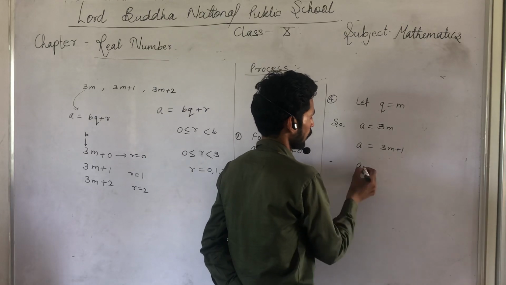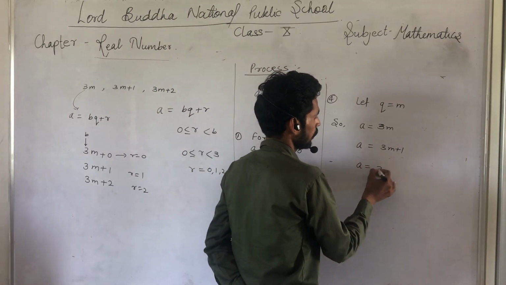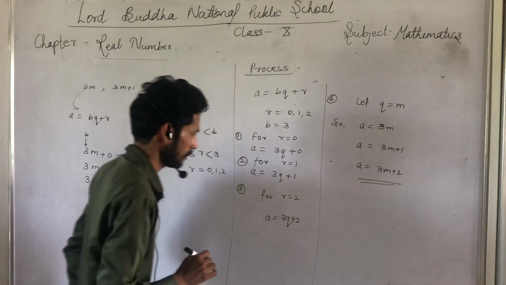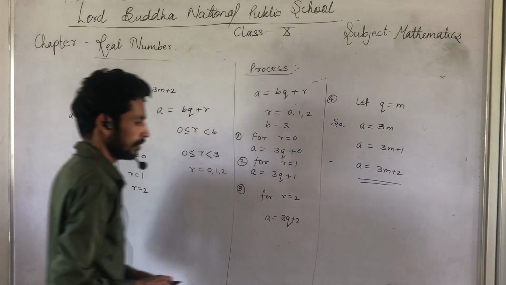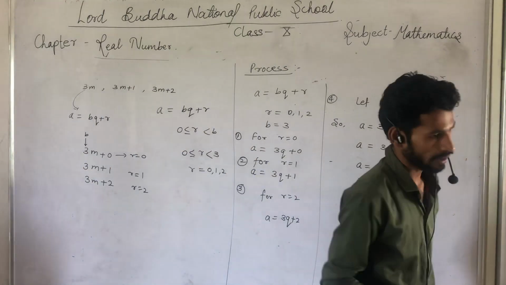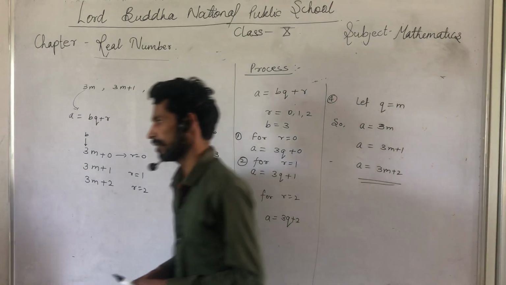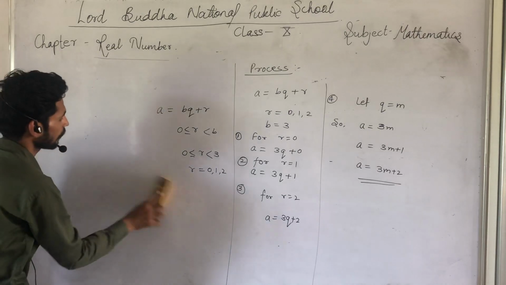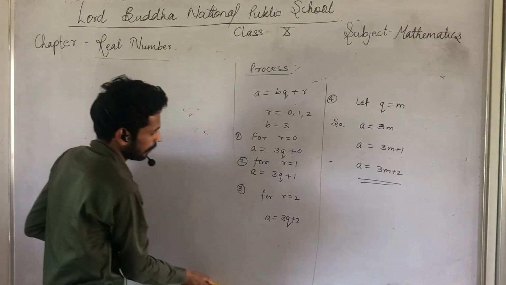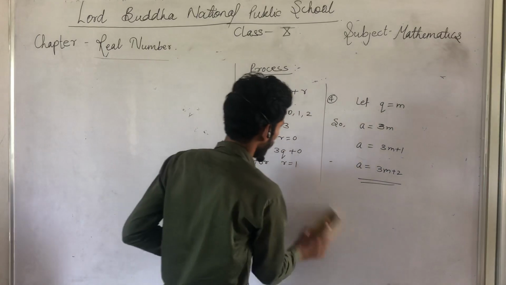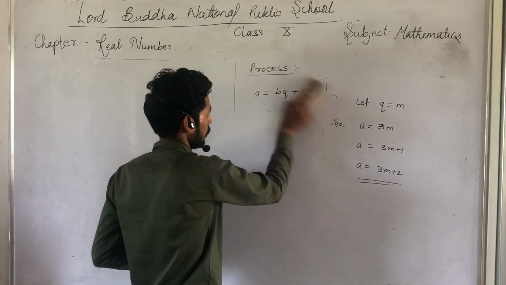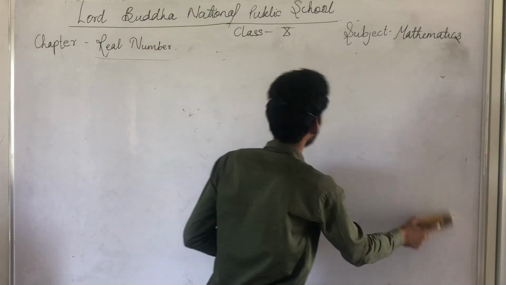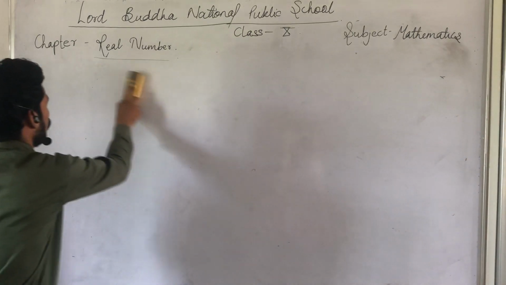Next, A equals 3m plus 2. These are positive integers. Now, exercise 1.1 of NCERT is completed. In the next video, we will discuss exercise numbers 1.2 and 1.3.